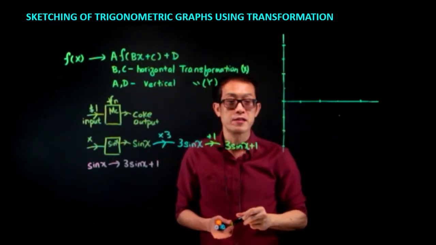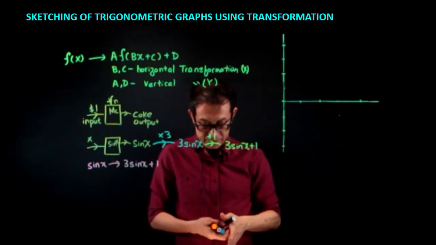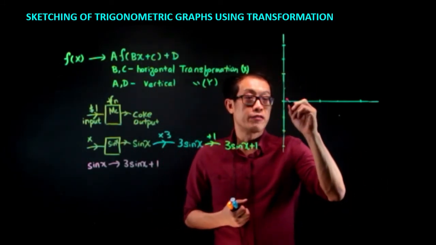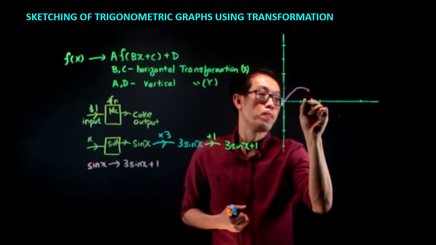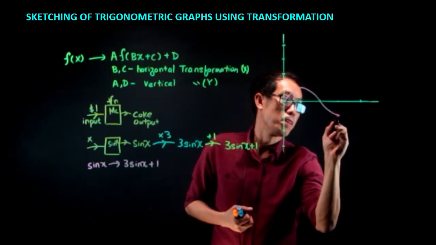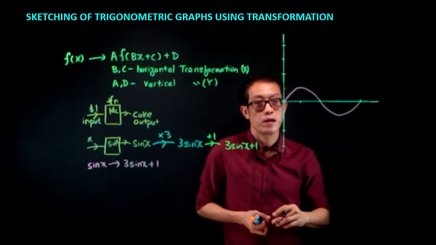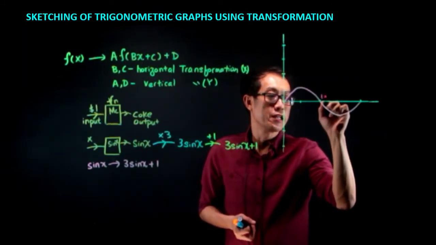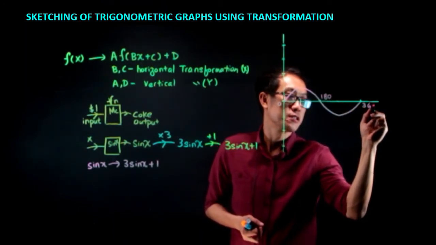Now let's look at what it means graphically. Let's say this is the graph of sine x. This is 0, this is 180, and this is 360.